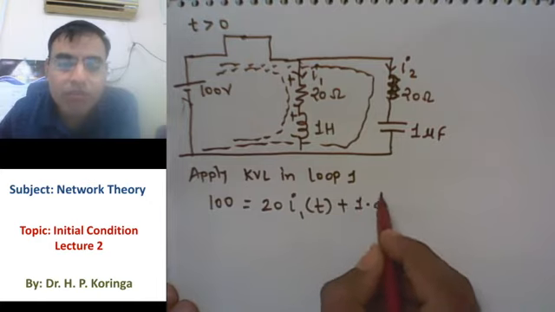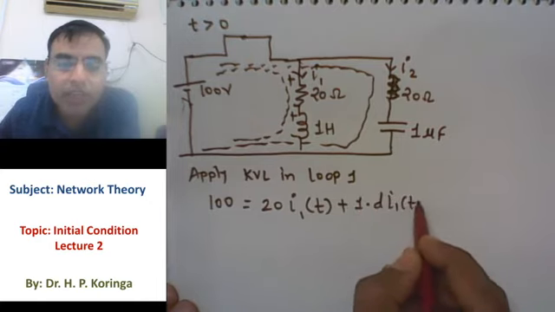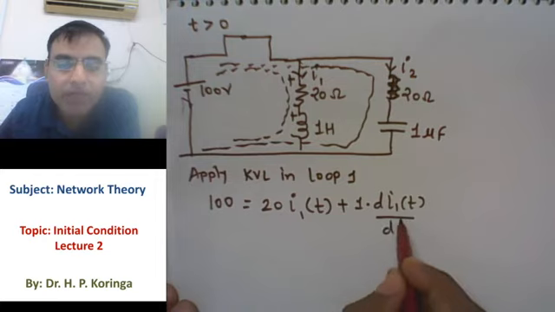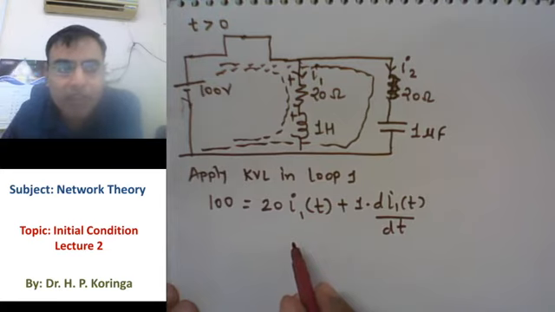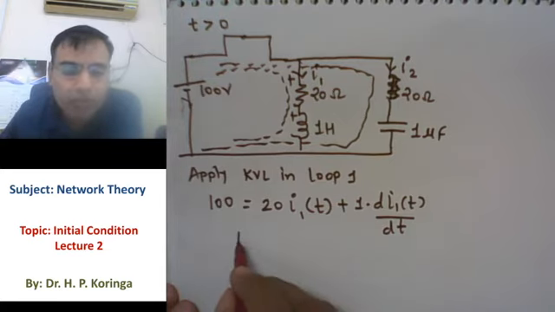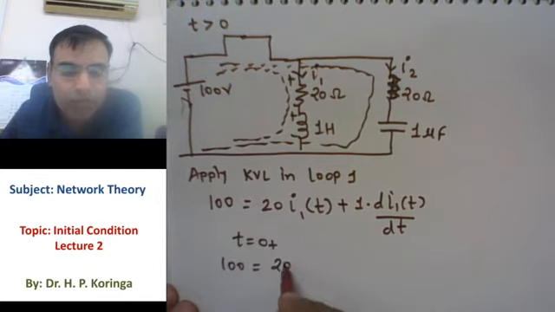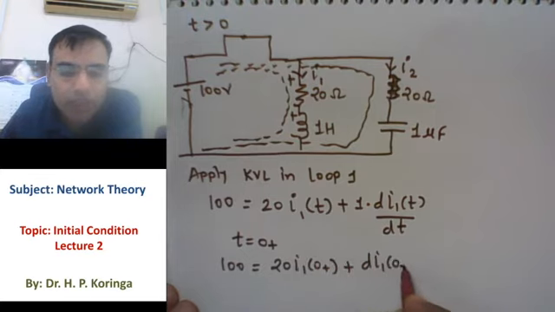So 1 into dI1 of t divided by dt, right? If we substitute in this equation t = 0 plus, we'll get dI1 of 0 plus divided by dt. So let's substitute t = 0 plus. We'll get 100 is equal to 20 I1 of 0 plus, plus dI1 of 0 plus divided by dt.